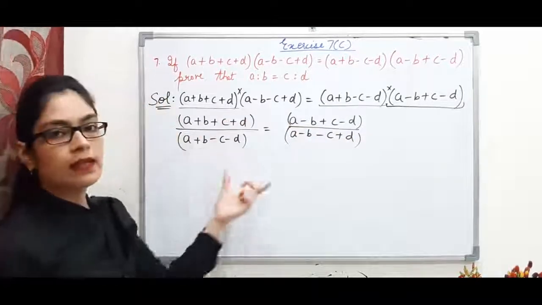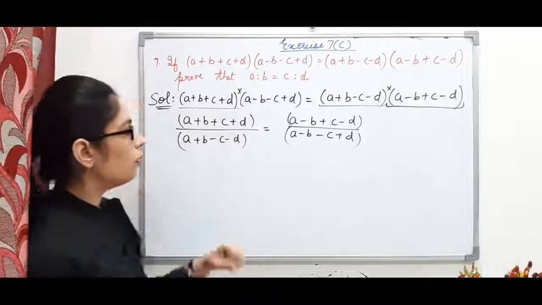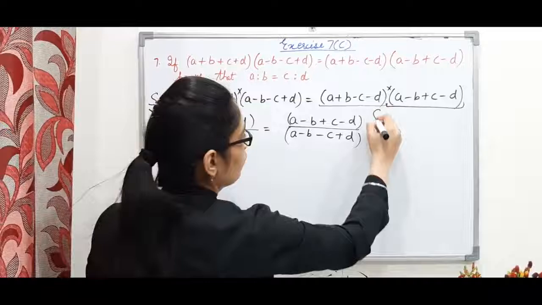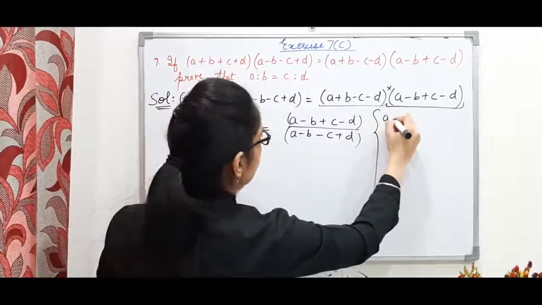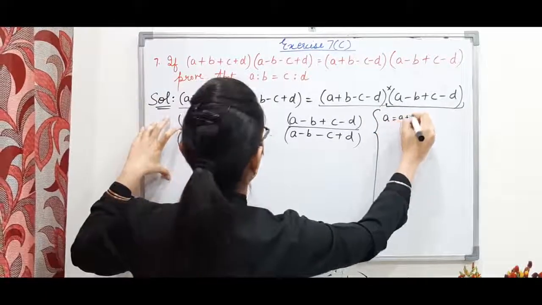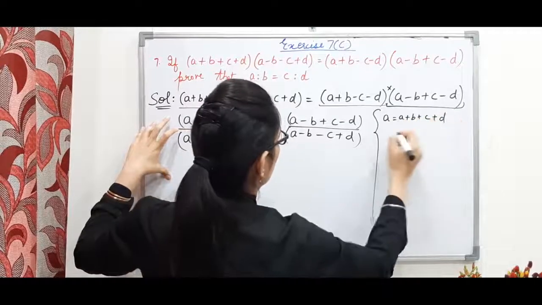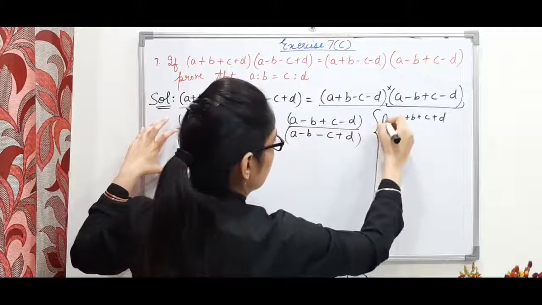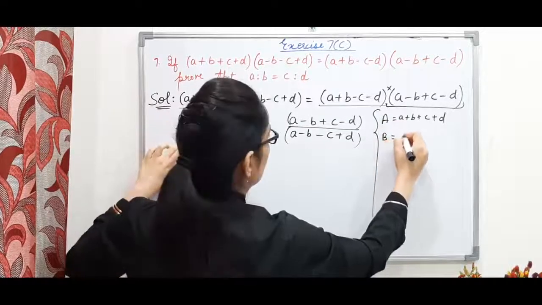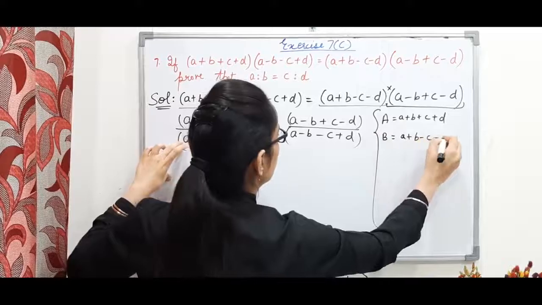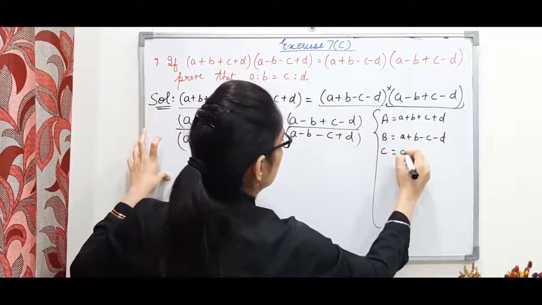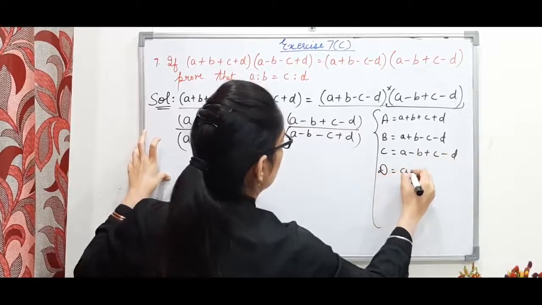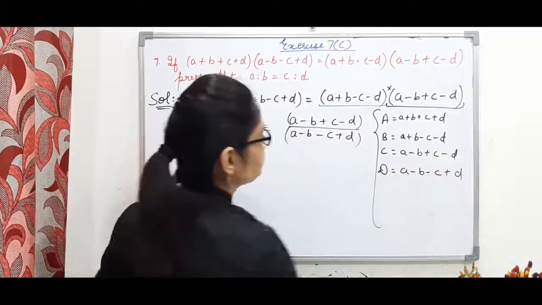Now both the sides I have converted in the ratio form, like a by b is equal to c by d, where I can write the values also. My a is this, a plus b plus c plus d, and b, if you want you can write in the form of capital A, B, is a plus b minus c minus d, then c is a minus b plus c minus d, and d is a minus b minus c plus d.